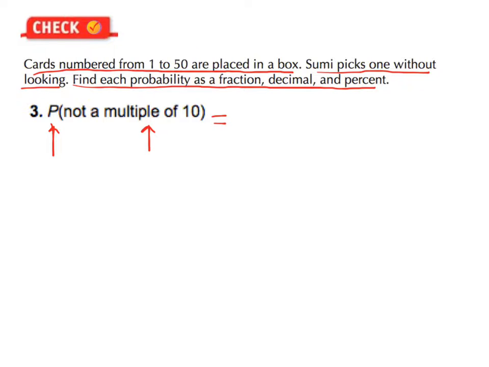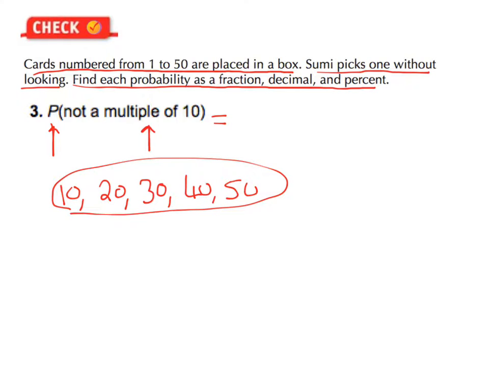What are the multiples of 10? The multiples of 10 are 10, 20, 30, 40, 50 in a card of from 1 to 50. So these are the multiples of 10. But we are looking at picking up a card which is not a multiple of 10.